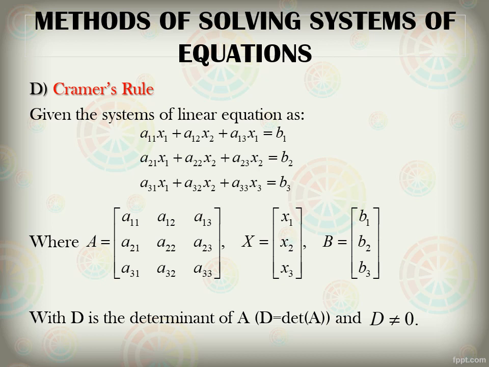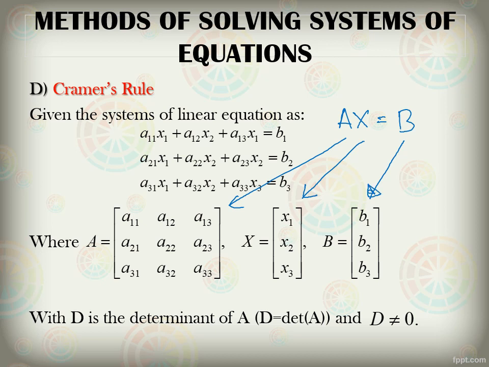You should write your system of linear equations into matrix form, Ax equal to B, and then determine what is matrix A, what is matrix X, which is for the unknowns, and what is your matrix B.